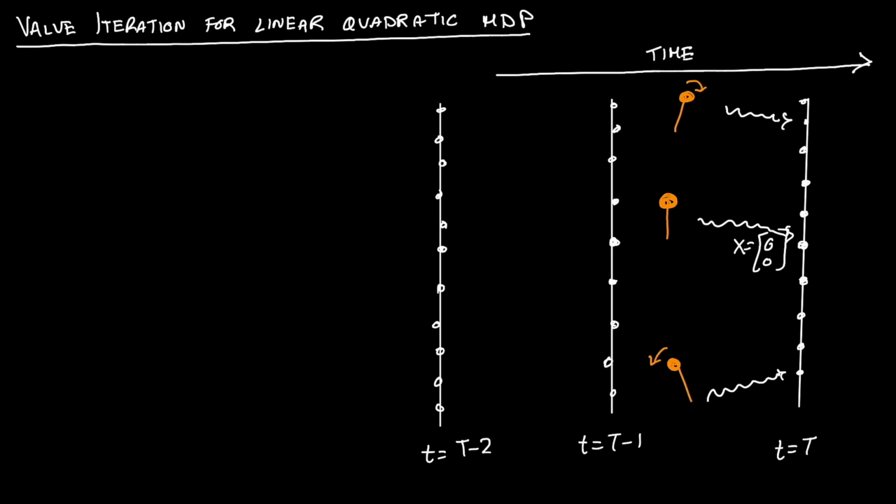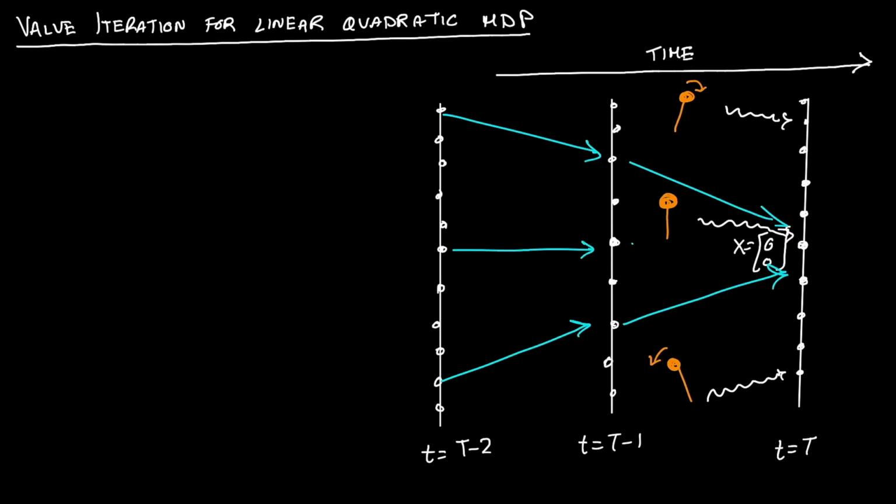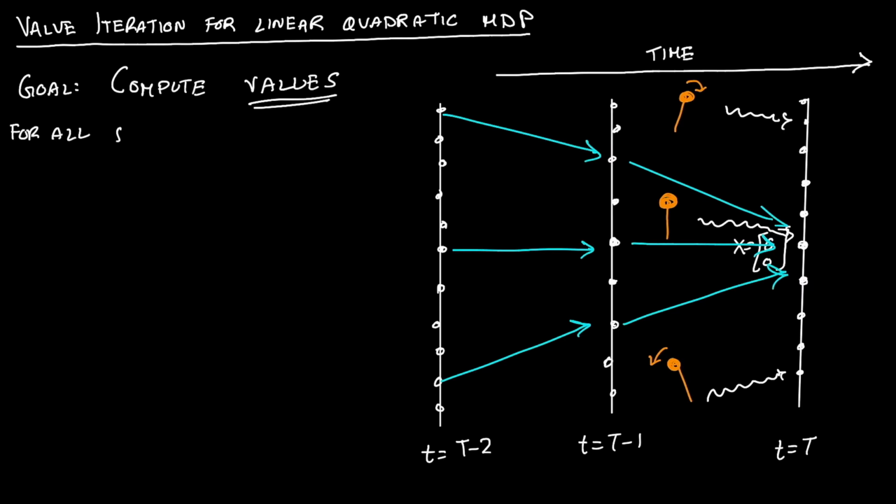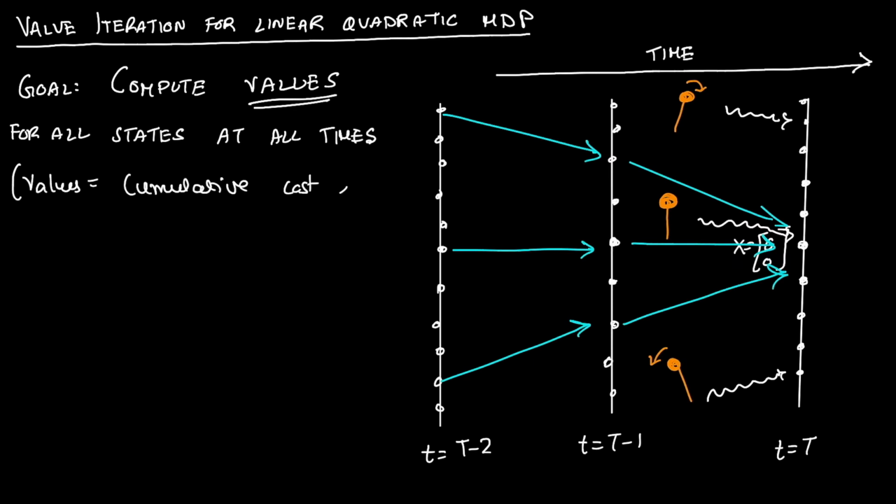Now, what is our goal? We want to compute control actions that progressively drive the system towards the origin without spending too much effort. So, recall Bellman's equations. We can write down the current value at time t as the min over one step cost plus the future value at time t plus 1.